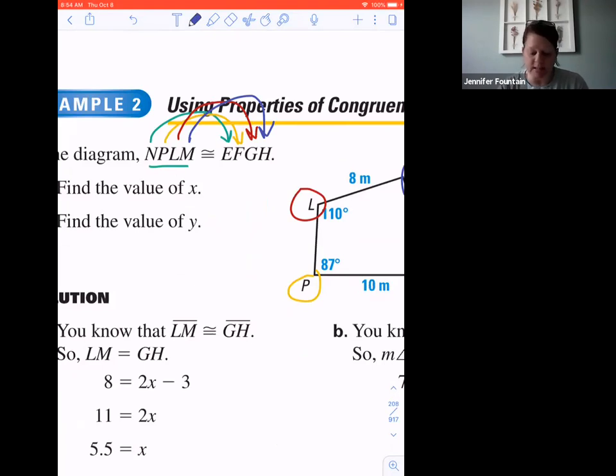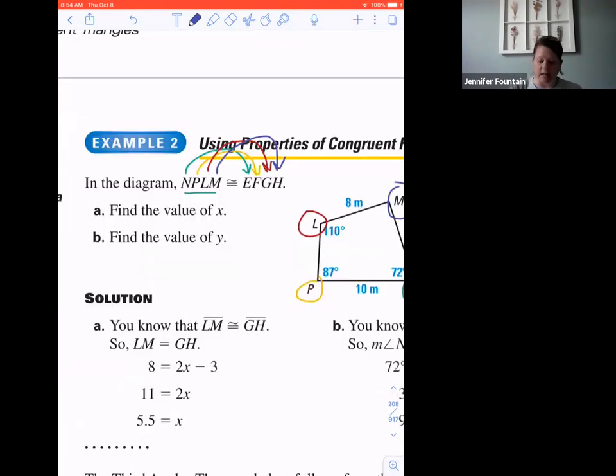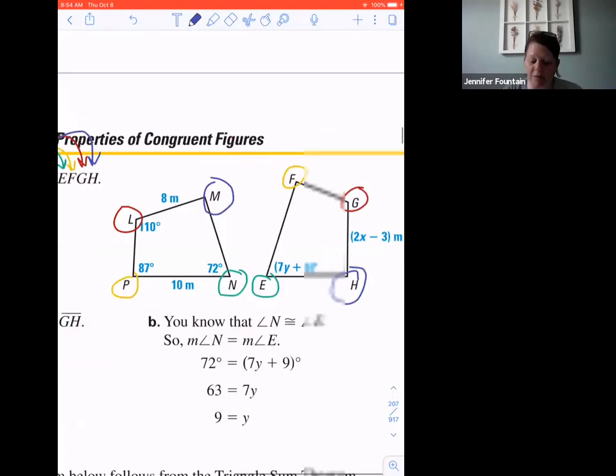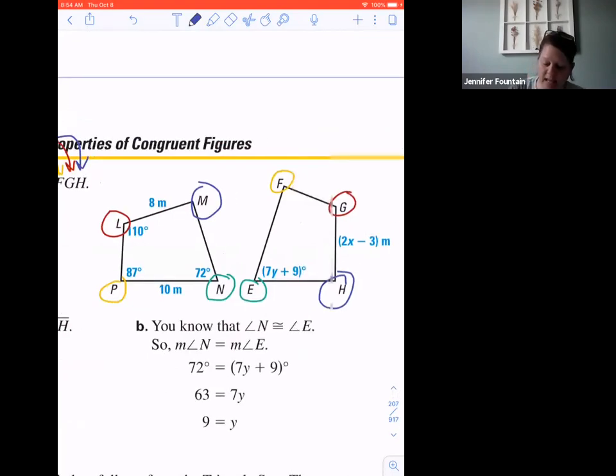So in this one, it says to A, find the value of X. So when I look at my figure, that involves X. And I can see here that X is the length of GH, okay?